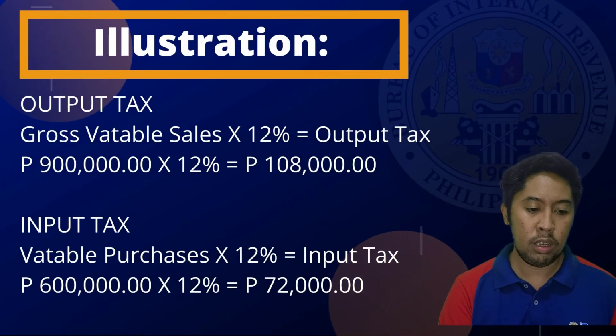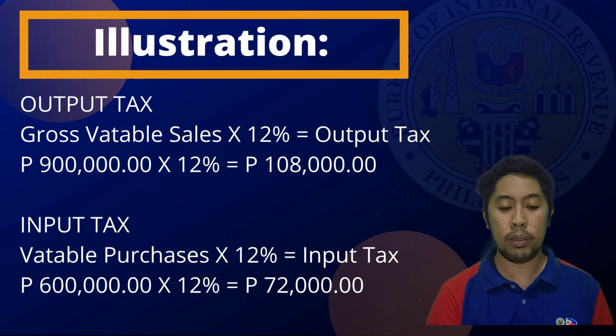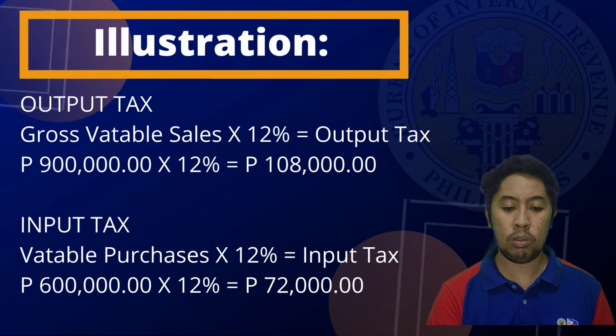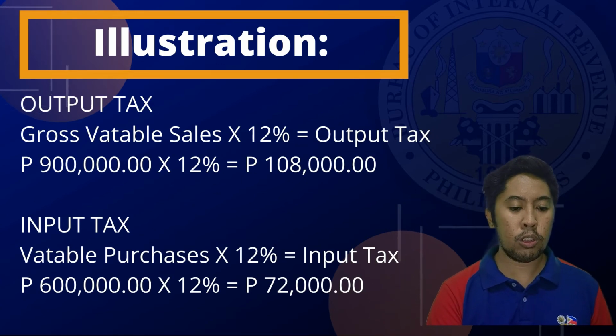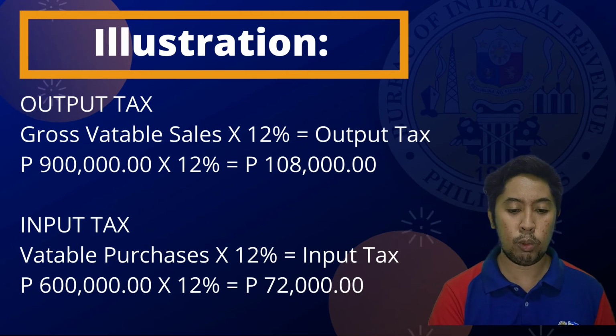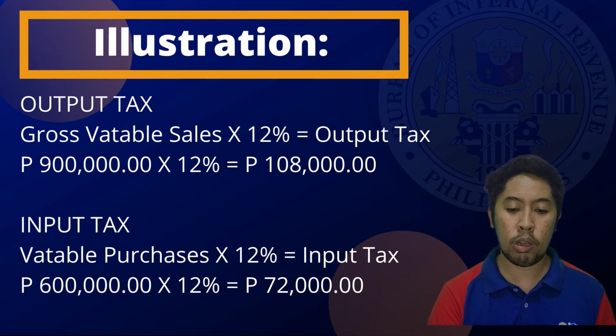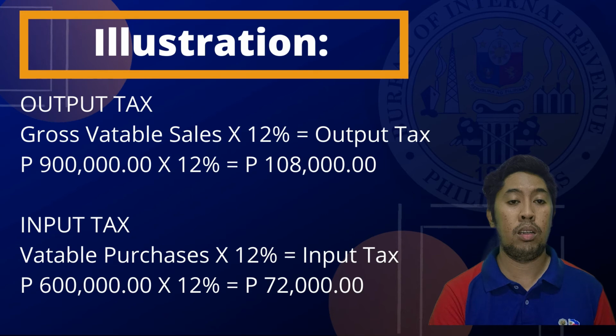Compute the VAT payable. So again, your gross VATable sales of 900,000 pesos times 12% would result to a 108,000 output tax. Your gross VATable purchases of 600,000 pesos times 12% would come up to a 72,000 pesos input tax.